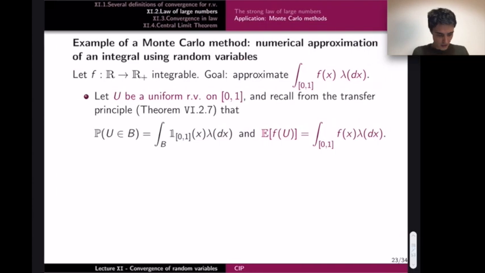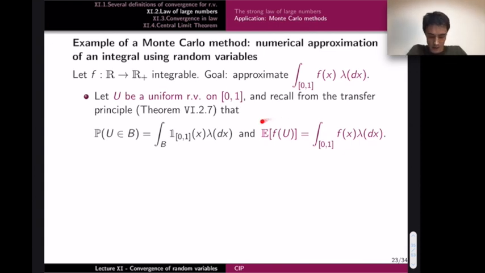So what I will do is, first, I will use the transfer theorem. I will introduce U, a uniform random variable over 0, 1. And I use the transfer principle to say that the probability that U is in B, where B is some Borel set of R or R plus, and f is valued in R plus, by the transfer theorem is given by this integral, the integral over B of the indicator function of 0, 1, because this is the density of the uniform random variable.